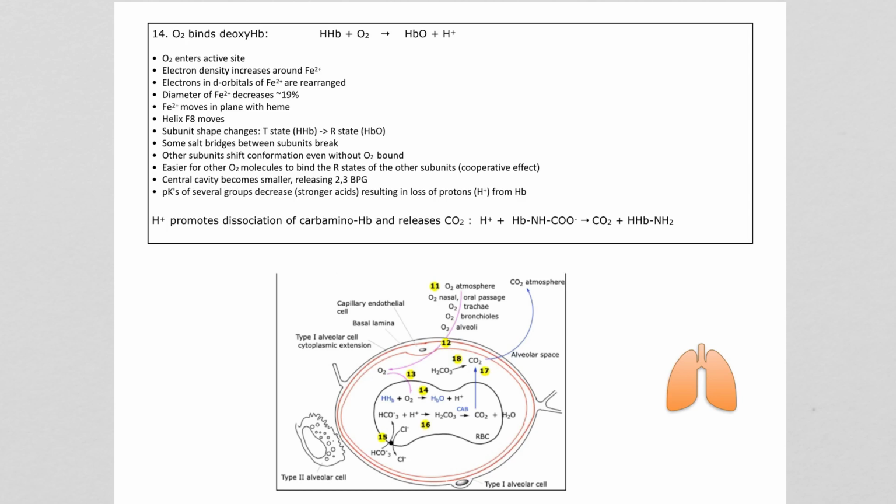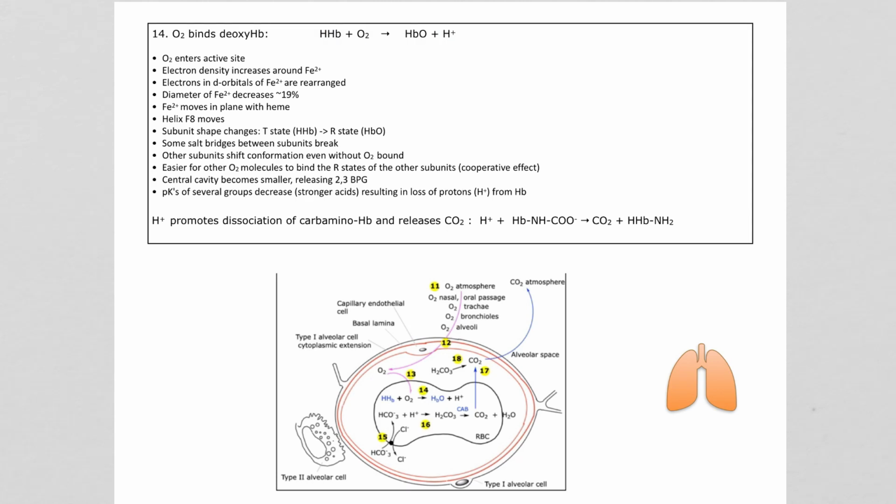In the red blood cell, the oxygen will bind to the deoxyhemoglobin, and this will form oxyhemoglobin. Remember, this is in the R state of the hemoglobin. This is your T state, and protons will be released.